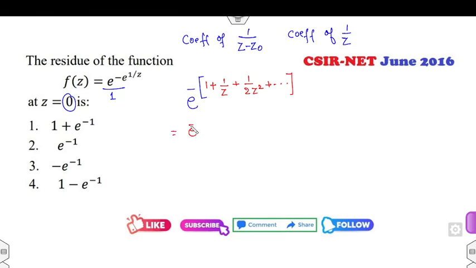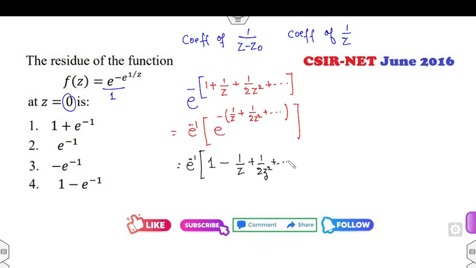I can write e raised to power 1 separately. Then e raised to power minus 1 over z, again I can expand it. It's exponential 1 minus 1 over z plus 1 over 2 z square and so on, plus whole square over 2 factorial, whole cube and so on.